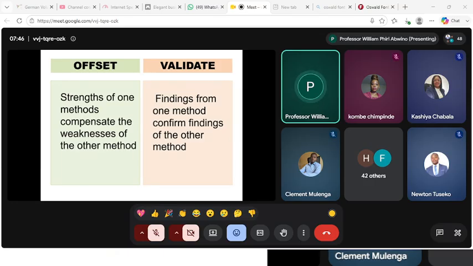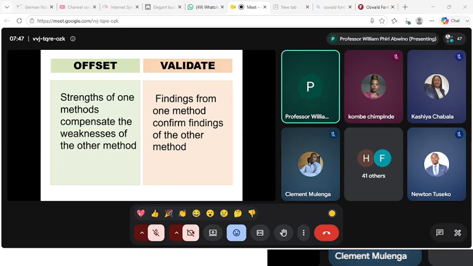What about offset? Okay, strength of one method, that's what we are saying here. So you define that the strength that would benefit from a qualitative study would outweigh some of the downside of the quantitative study.